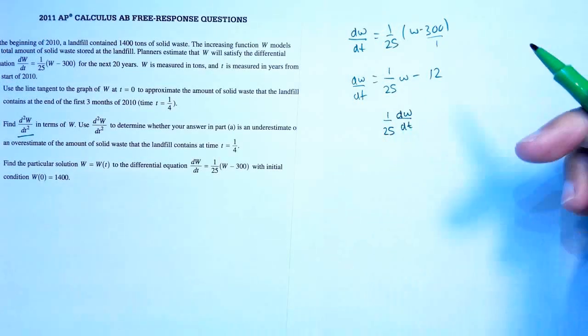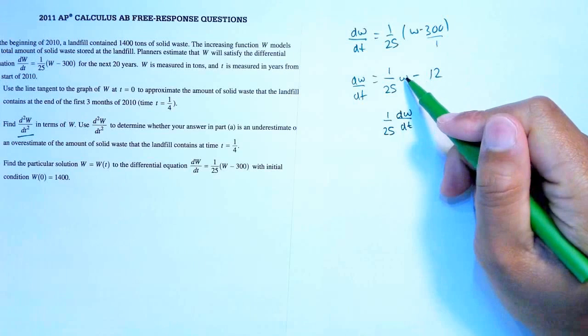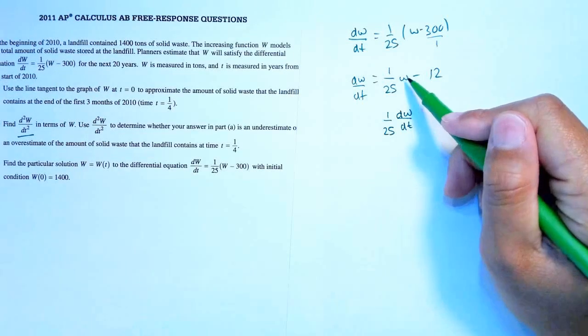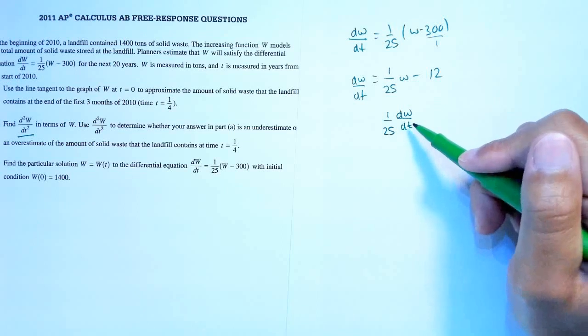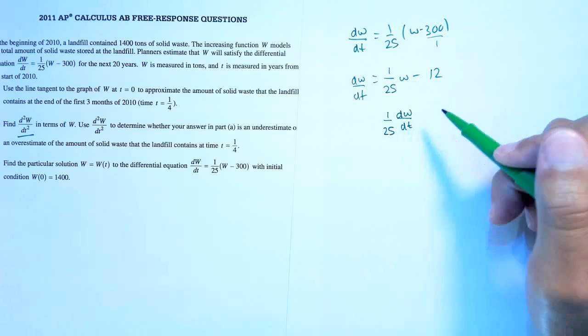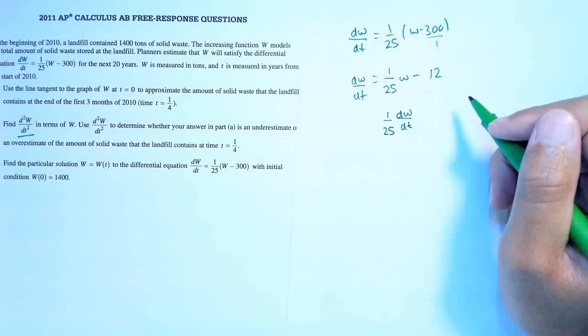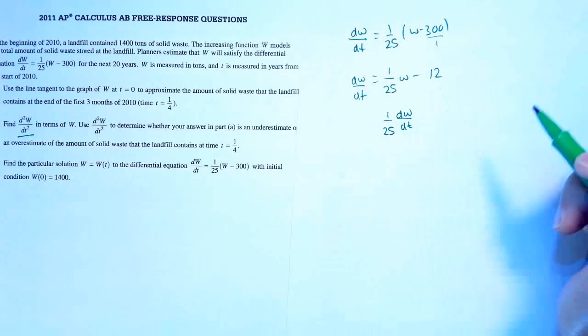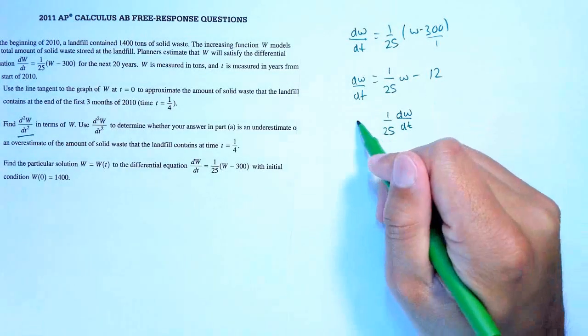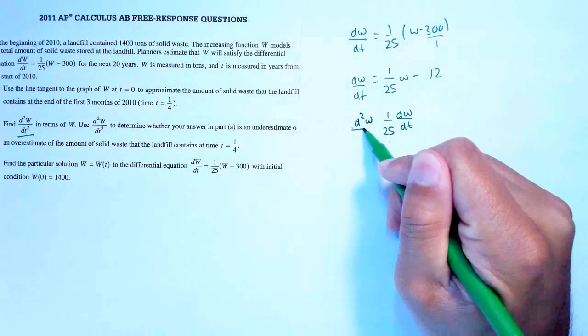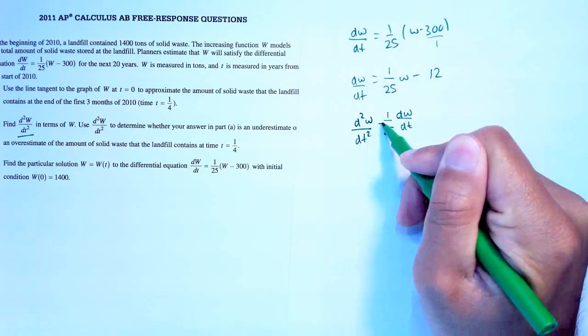I found the derivative of w, but it has to be with respect to t. So anything that doesn't have a t, I have to add d of that letter over dt. And then the derivative of 12 is 0. I don't have to add d something over dt because since my derivative is 0, 0 times anything is going to cancel out. So this is going to be d2w over dt squared equals that.